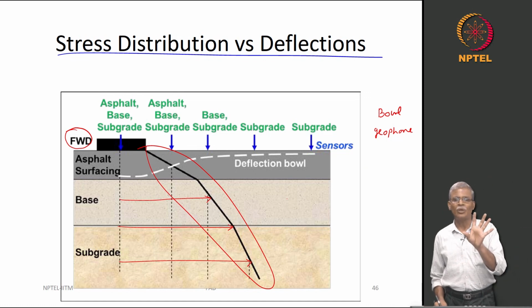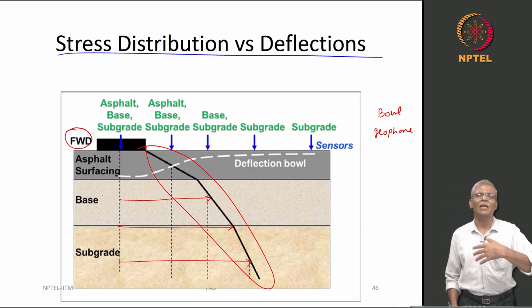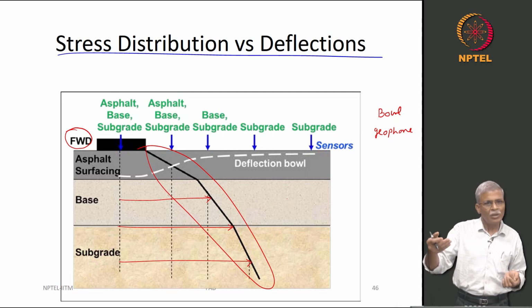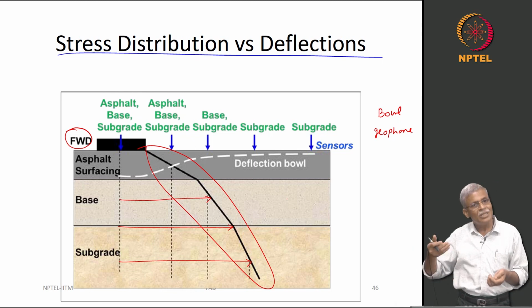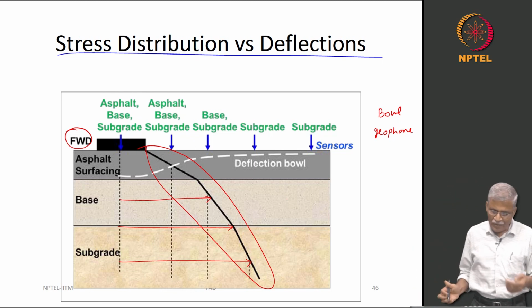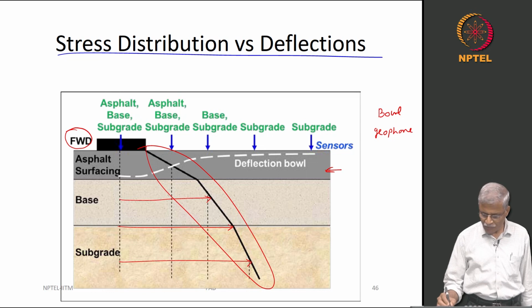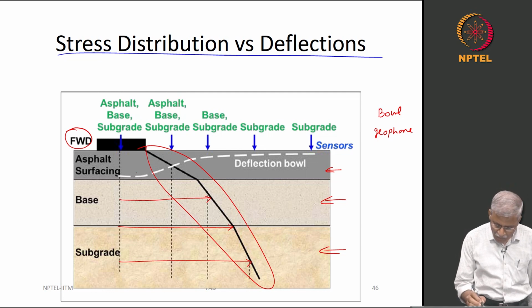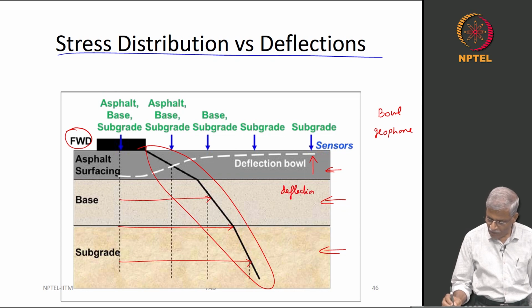I just want to give you an overview of how one can visualize how a pavement that I am going to construct might behave, depending on the relative strength of each of these layers. So, you have an asphalt surfacing, you have base, and of course, you have the subgrade. Now, what can really happen, and this white line that you see is the deflection.